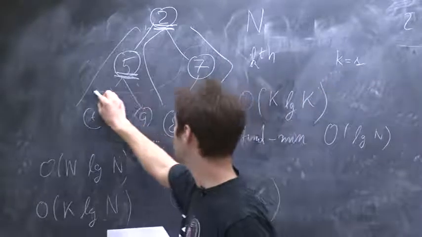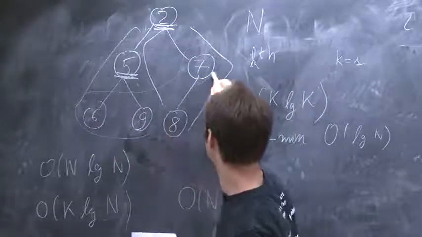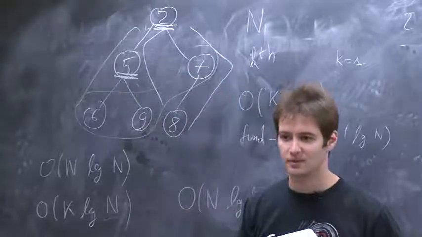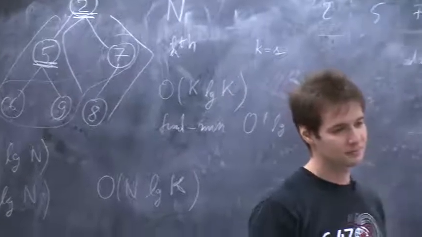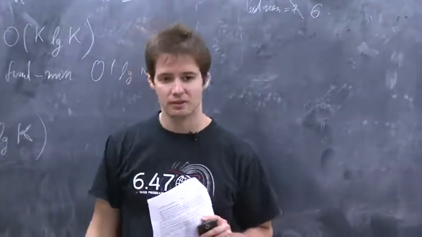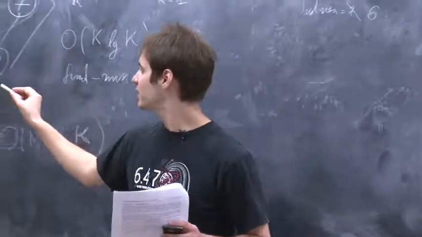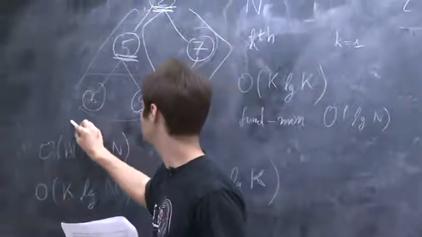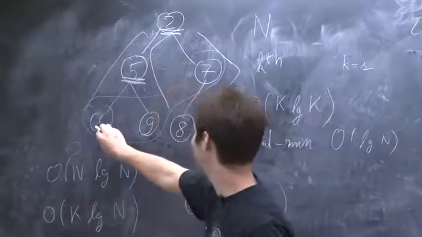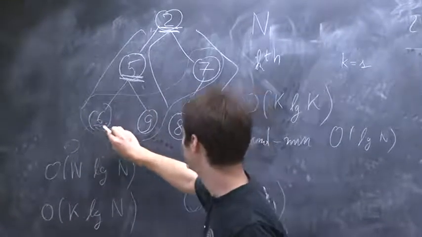And then I have to look at the children of 5. Right now we're looking at 3. Suppose this has some really large kids, as in numbers, and I find that this is the third element.